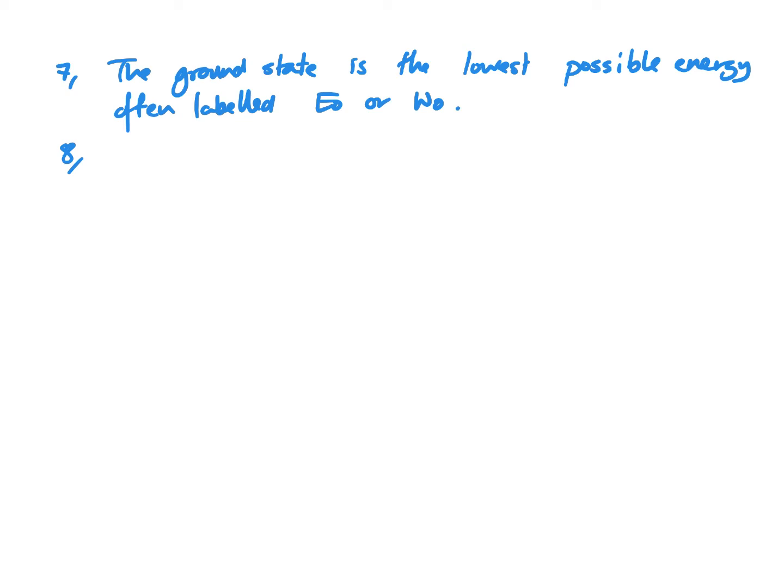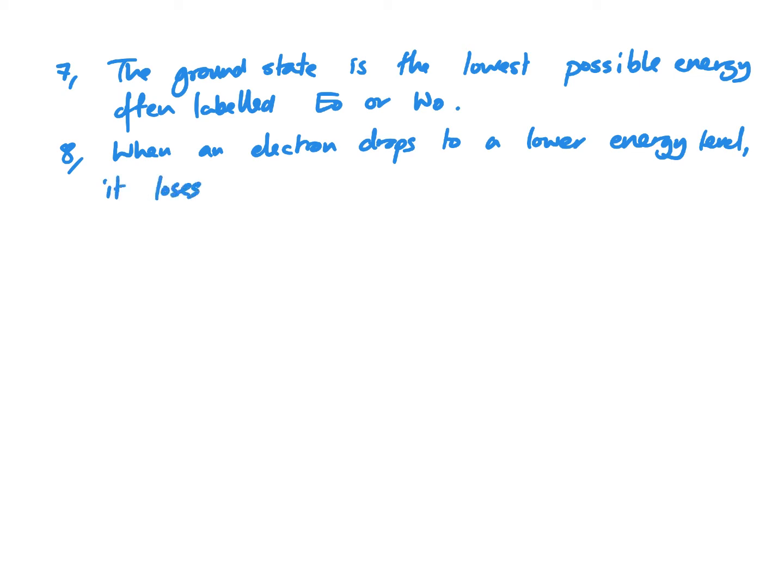And if we return to the idea that we looked at in outcome 5, we talked about the electron gaining energy or losing energy. So when an electron drops to a lower energy level, it loses energy.